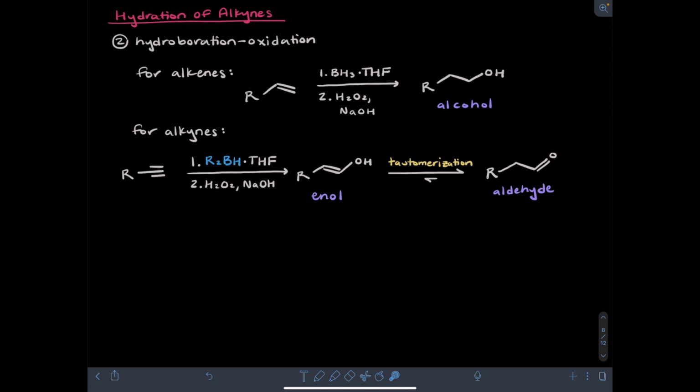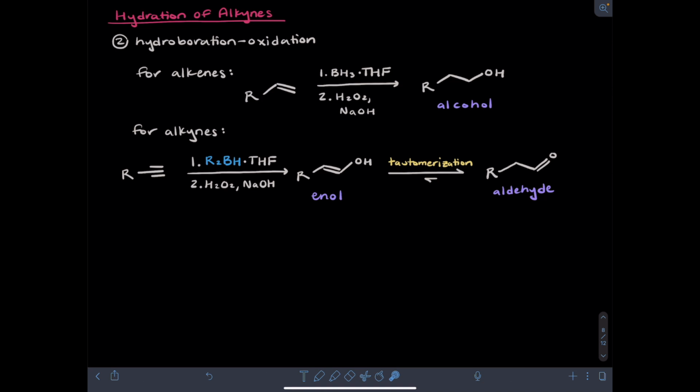And the alkyne hydroboration-oxidation initially forms an enol intermediate. In this intermediate, I've broken one of the pi bonds, but one still remains. I've added a hydrogen to the more substituted carbon and an OH group to the less substituted carbon. So I've had anti-Markovnikov regioselectivity again.